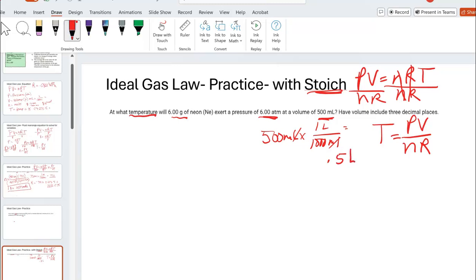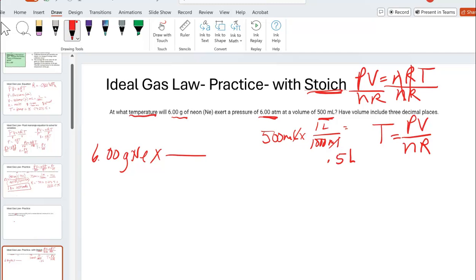And I've got to do one more conversion because my mass is in grams and I need it in moles to use my equation. So I'm going to have to convert 6.00 grams of neon to moles. I'm going to go to my periodic table of elements and find the molar mass of neon.